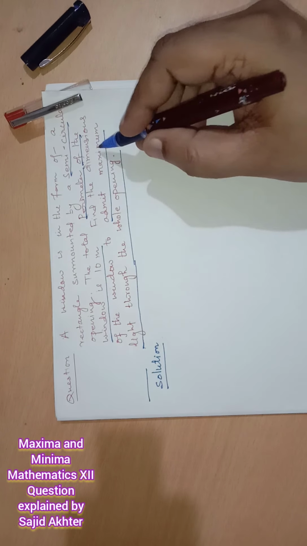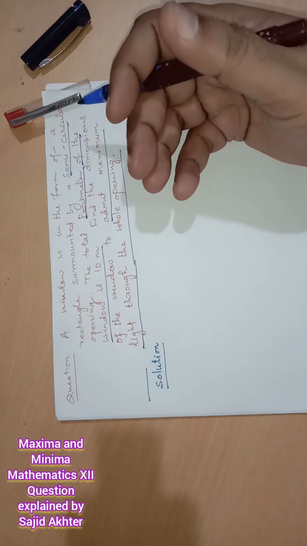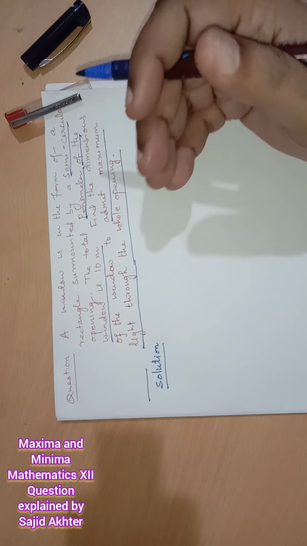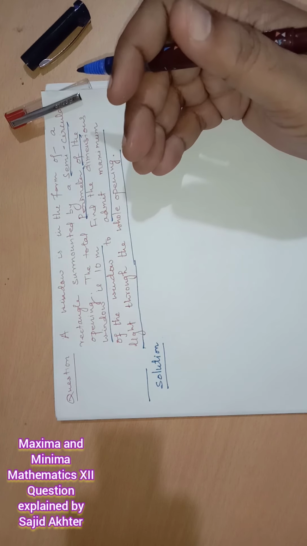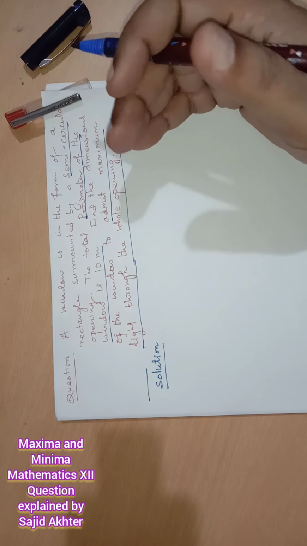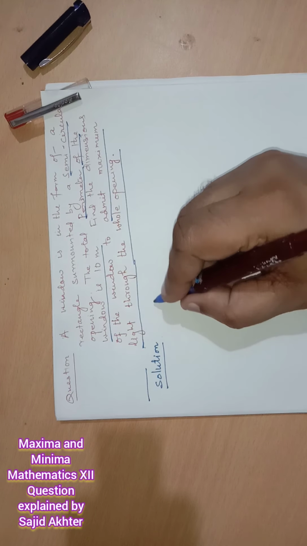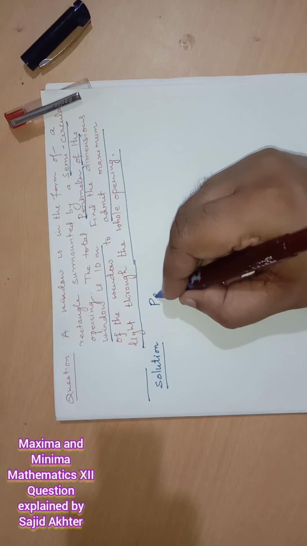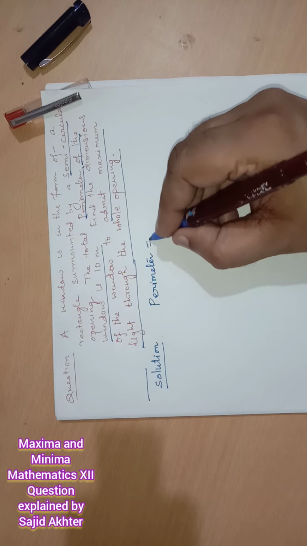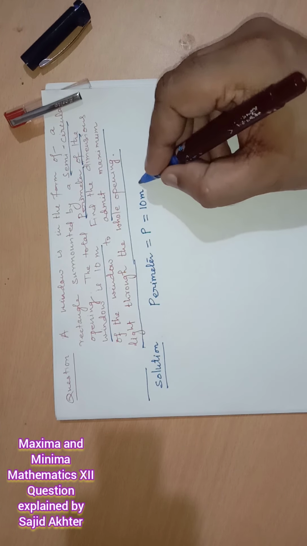So the maximum light will enter when the area of the window will be maximum. Then the maximum light will enter into the room through the window. So here the perimeter, suppose I am taking P, it is 10 meter, it is given constant.